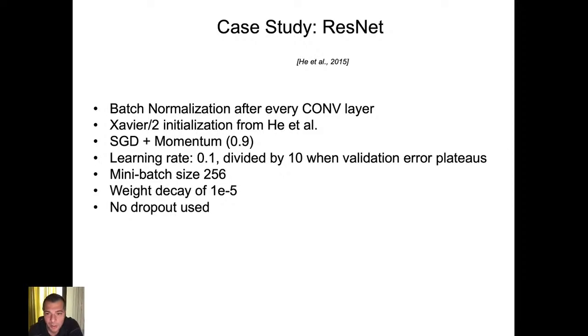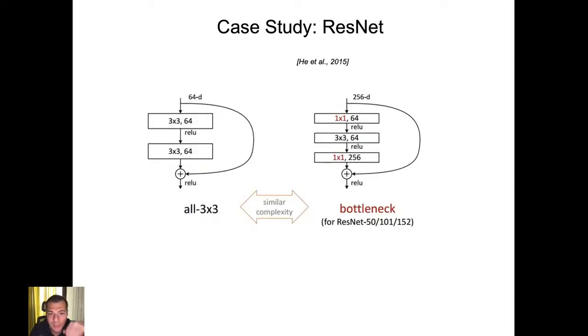Going back to ResNet, they also train the network with SGD with momentum. They start with a learning rate of 0.1 and decrease it by 10 when they reach plateaus. They use mini batches of 256 and completely remove the dropout.